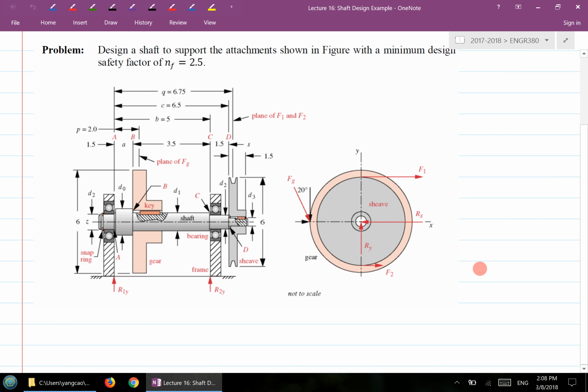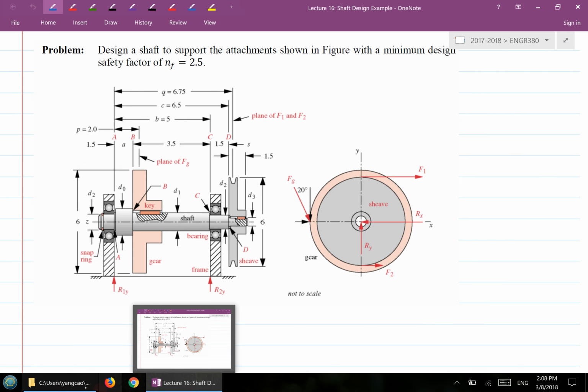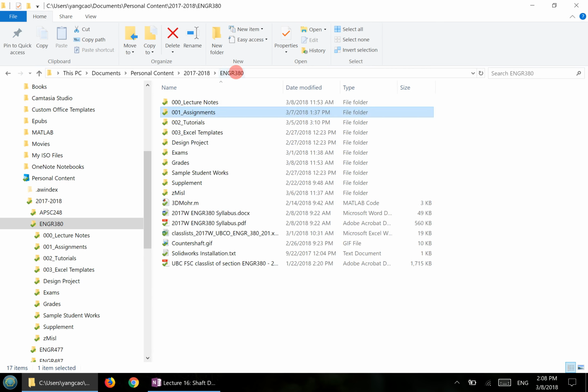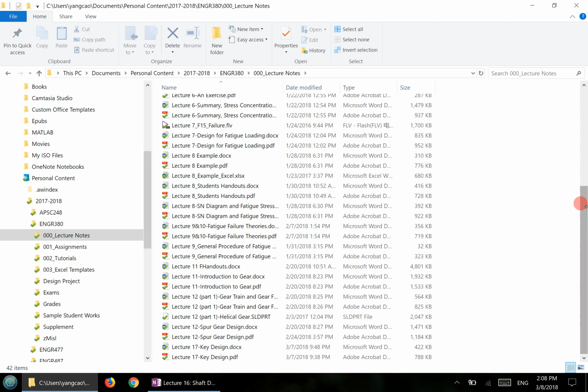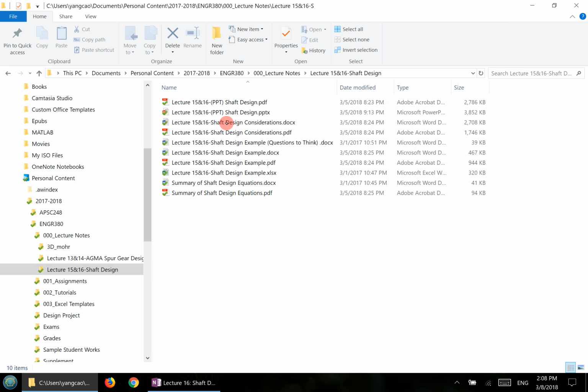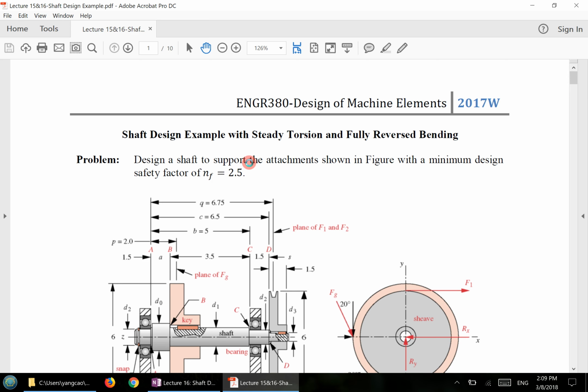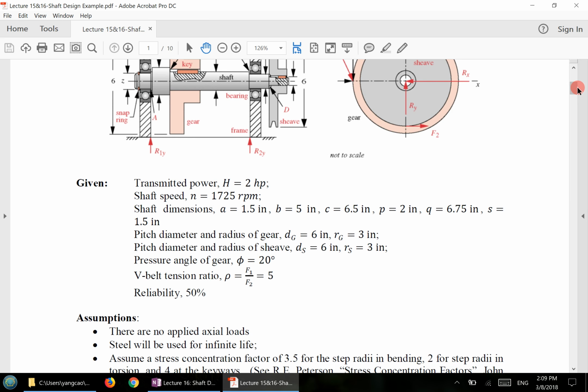A lot of parameters are given already, so I'm not going to list them. When we calculate, we'll just assume certain numbers. So let me open up the lecture notes here.